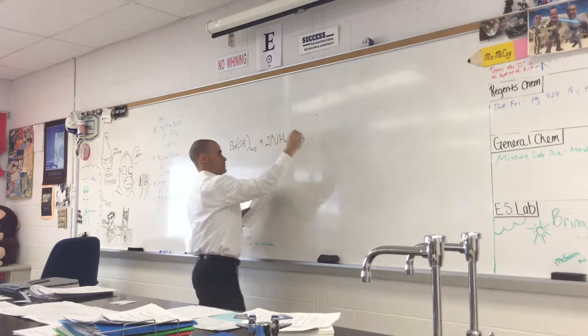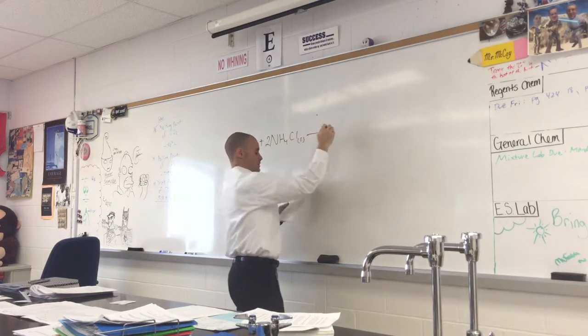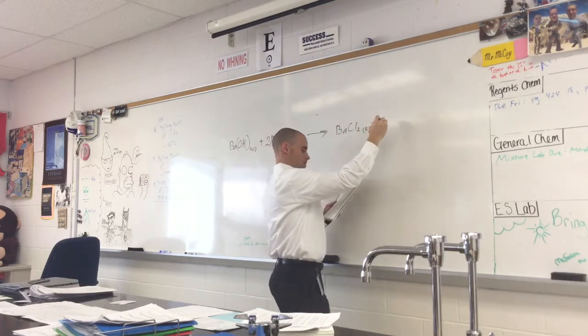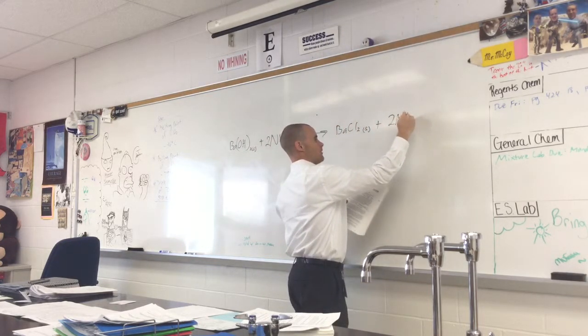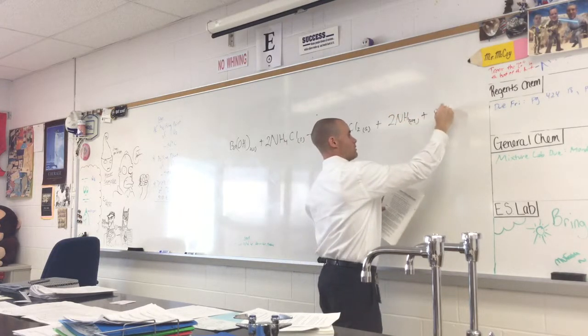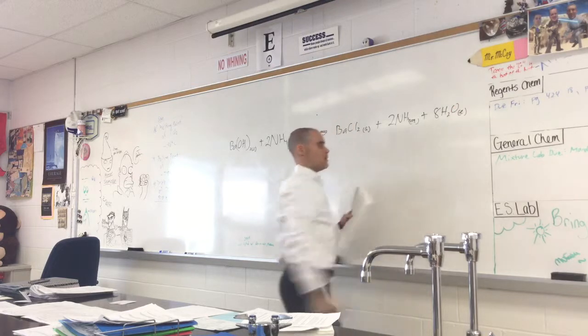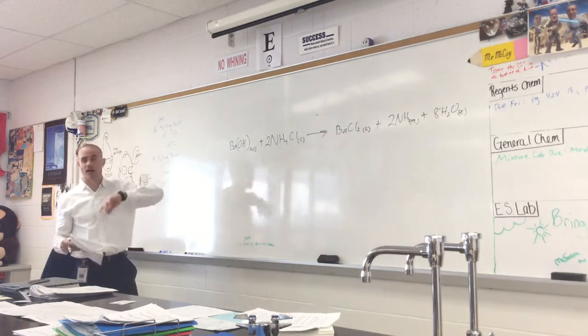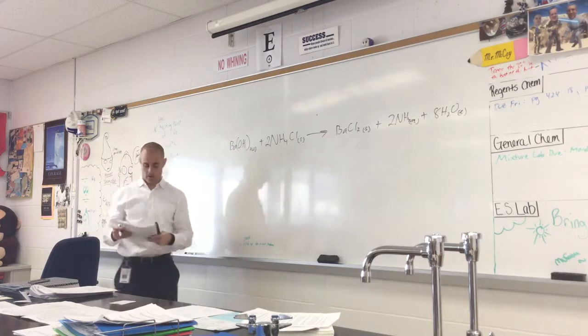Need two of those. Arrow. We got barium chloride solid plus ammonia. That was the stuff that smelled like smelling salts, and the water. There was water in there too. So that was the two white solids mixed. That was the chemical reaction. You have your reactants and then your products.